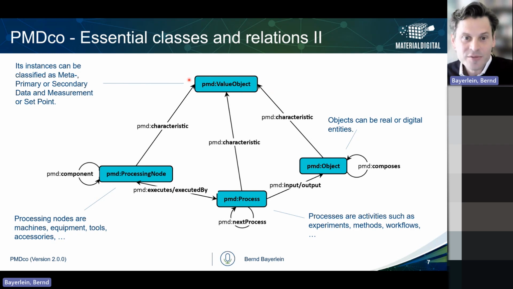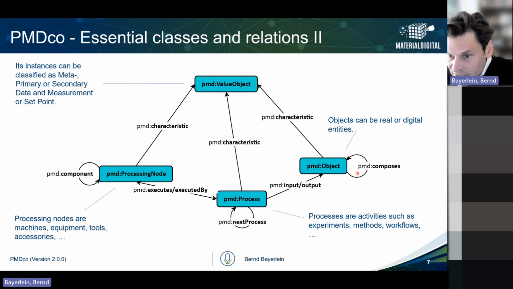They are found in the value objects, and you can even classify here if it's metadata, primary data, or even secondary data, which would be the case if, for instance, you have an area as primary data that you measured and you calculate a radius. Then the radius would be your secondary data, and you would also have the possibility to classify it as a measurement or set point, and set point is something that is really important also in materials science and engineering.